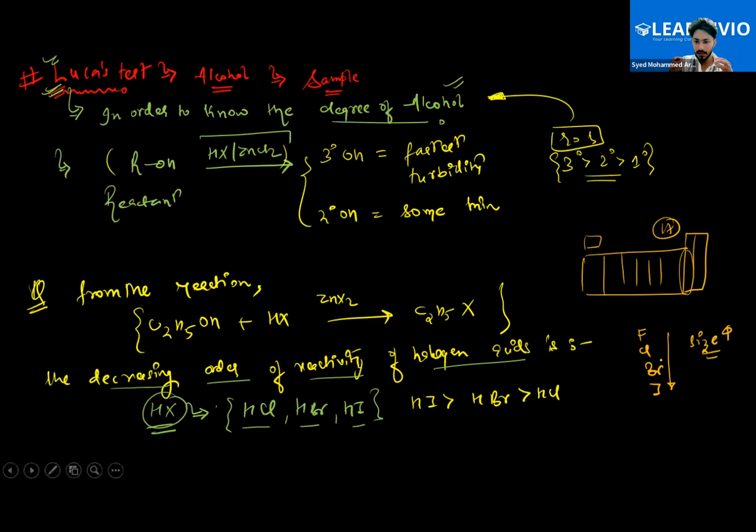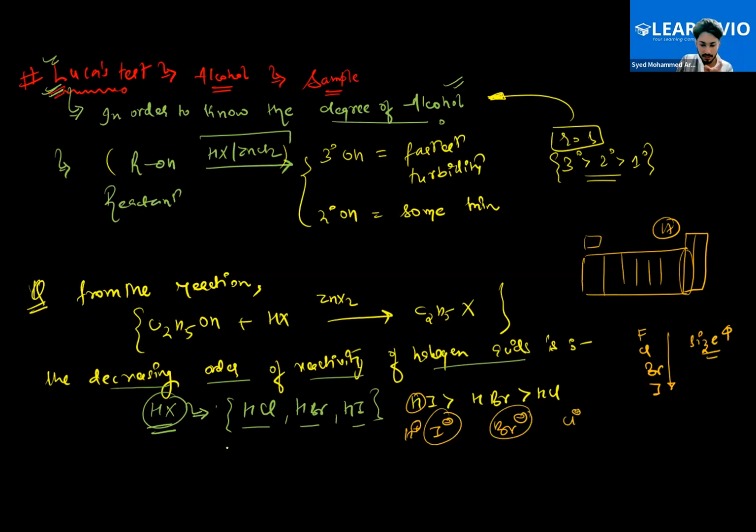So hydrogen is having a lesser size because it is a cation, and cations are generally smaller, while I minus is an anion which is larger in size. I has the highest size in its group, then Br, then Cl.